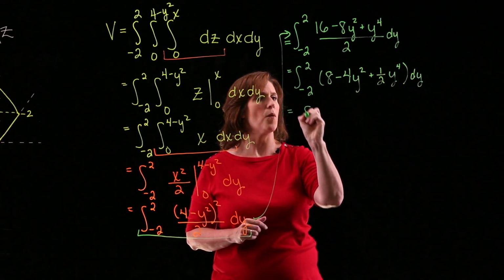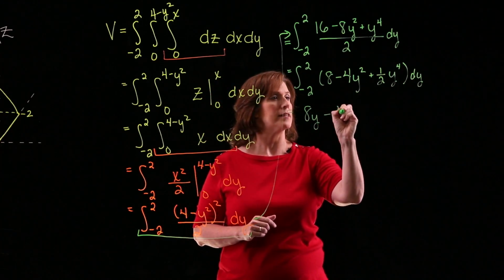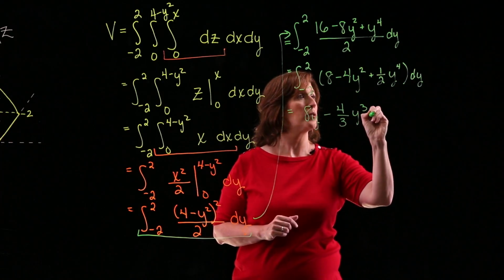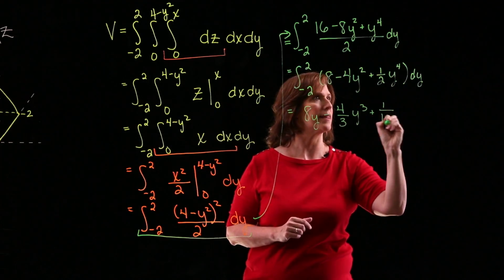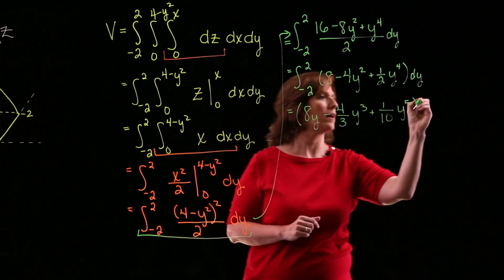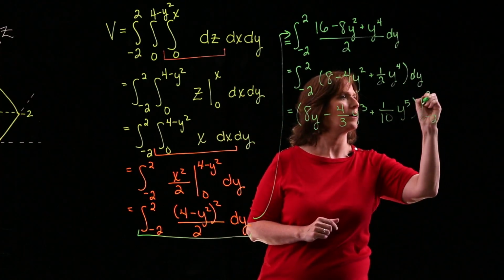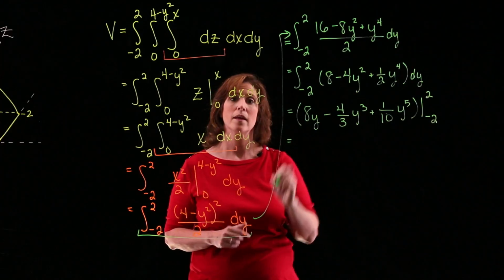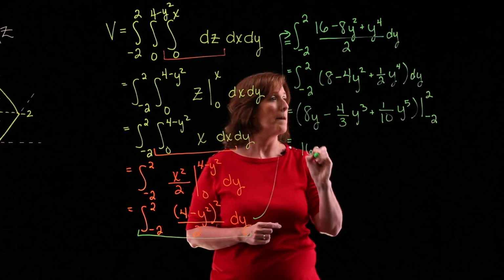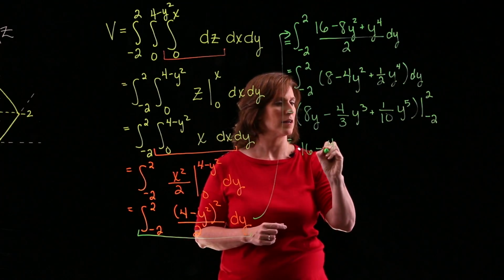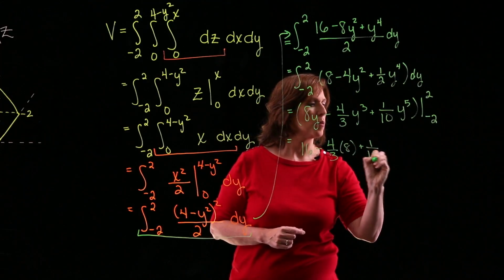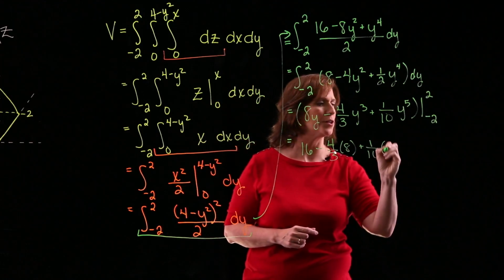So I'm going to have 8y minus 4/3 y cubed plus 1/10 y to the 5th, evaluated from -2 to +2. Plugging in my upper limit, I'll have 16 minus 4/3 times 8 plus 1/10 times 32.